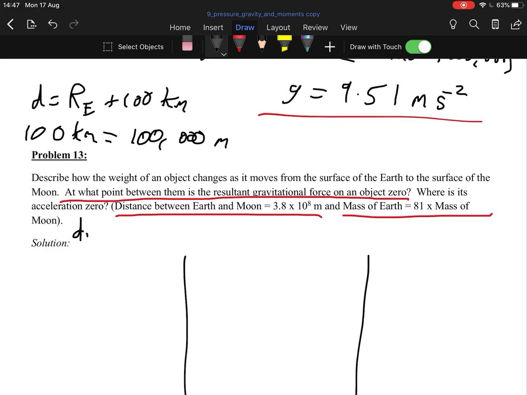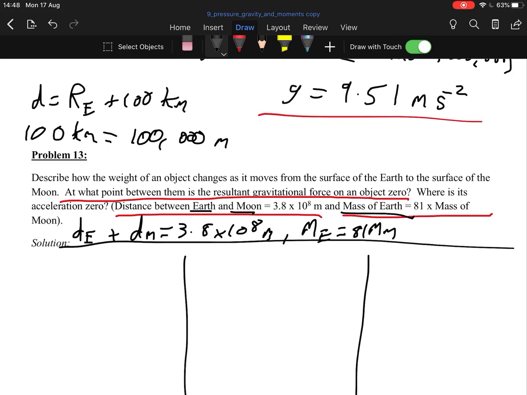Distance of the Earth plus distance of the Moon equals 3.8 by 10 to the 8, the distance between the Earth and the Moon. The distances are center to center. Mass of the Earth is 81 times mass of the Moon, so mass of the Earth equals 81 mass of the Moon. That's the first bit.